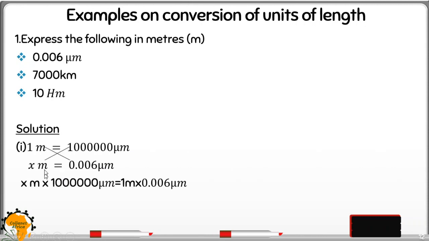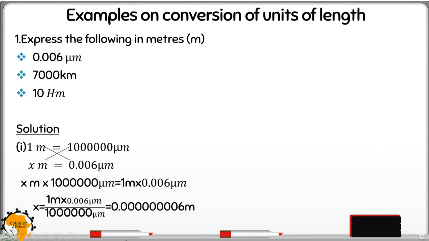After cross multiplication, x is multiplied by 1 million micrometers on one side, and it equals 1 meter multiplied by 0.006 micrometers on the other side. Then we want to make x the subject, and since we are multiplying, we do the opposite. The opposite of multiplication is division, so you divide both sides.